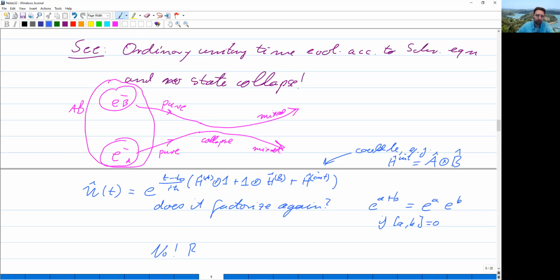Because the h hat A tensor the identity operator does not commute with h hat interaction.